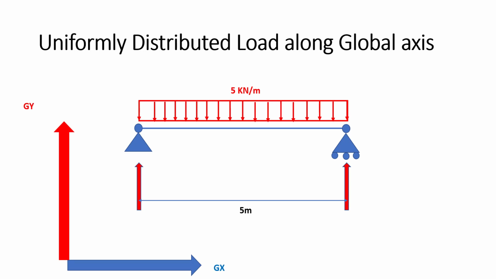And we see that this load is being applied along the global y direction. To speak clearly, we can say that this load has been applied in the negative direction of the global y-axis. Now let us see how we can define this load in STAAD.Pro.